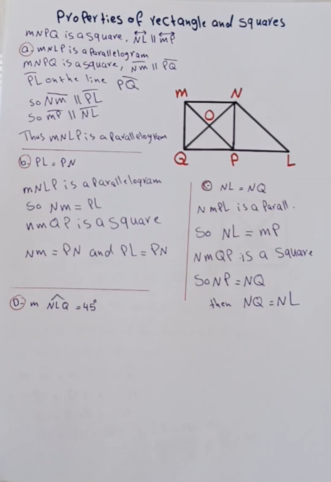For D, we have to show that the measure of angle NLQ equals 45.